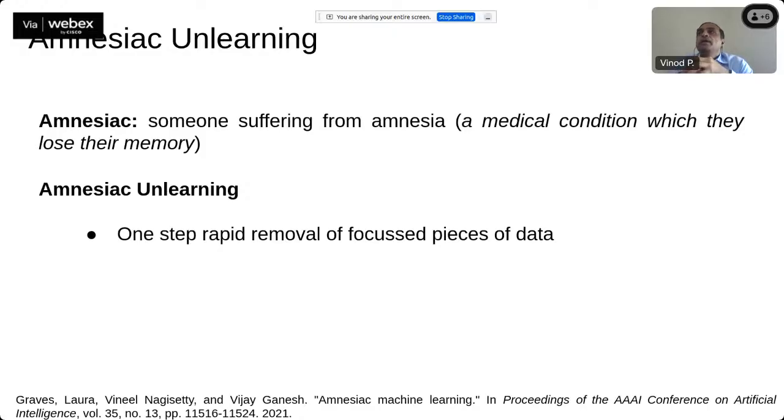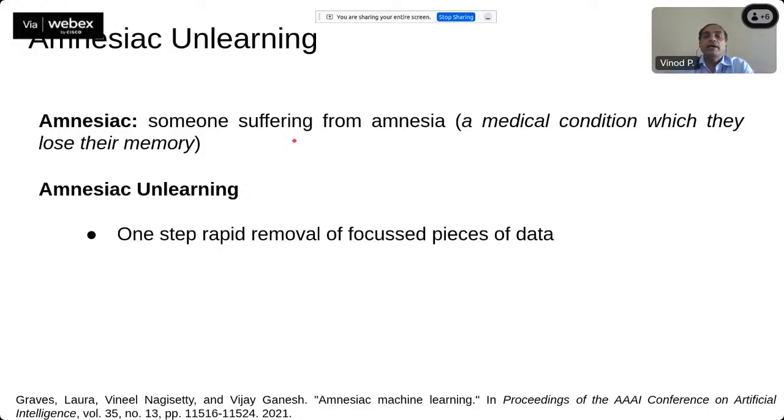On the contrary, in instance-based or sample-based unlearning, the objective is to unlearn a specific data point. For example, a picture of a dog with an owner may be a sensitive image, so that has to be unlearned.